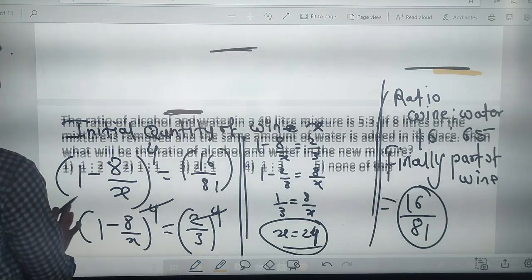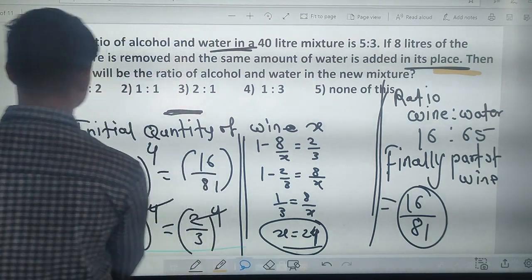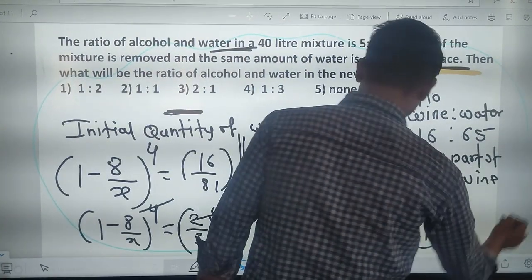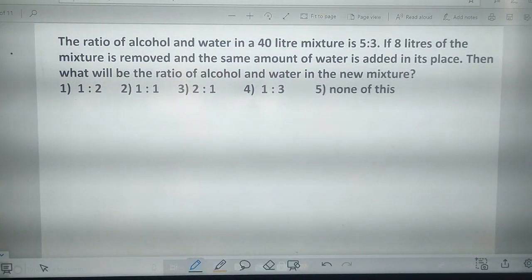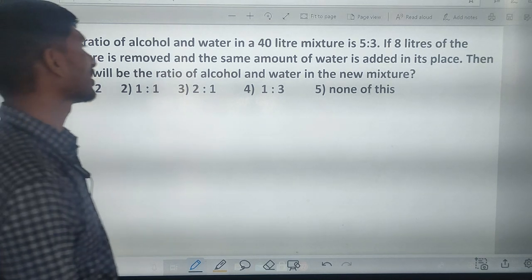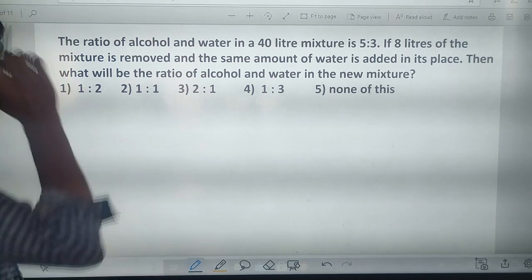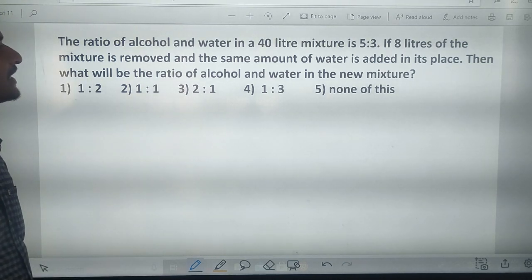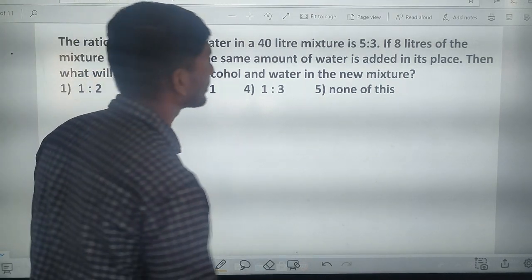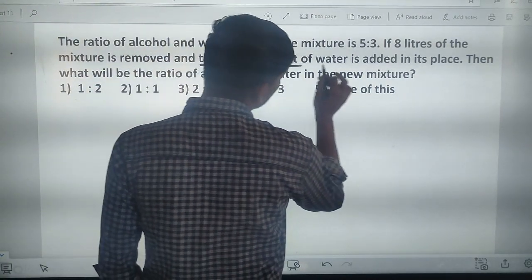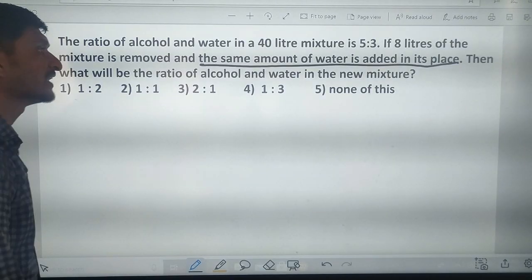Next. The ratio of alcohol and water in a 40 liter mixture is 5:3. 8 liter of the mixture is removed and the same amount of water is added in its place.